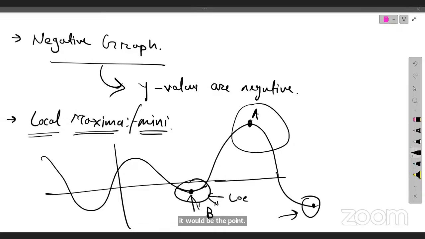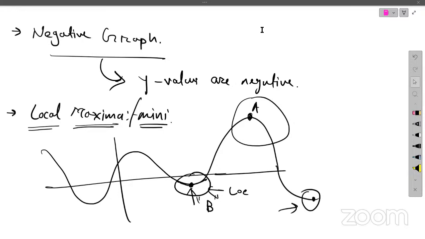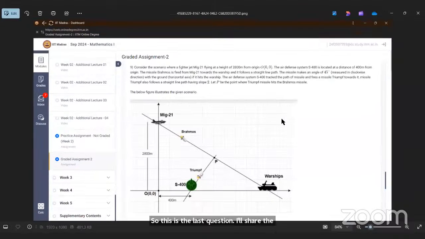Let me share my screen first. So this is the last question. I'll share the PDF over the chat also, and I also uploaded this PDF on the calendar, so if you need it, you can check that.